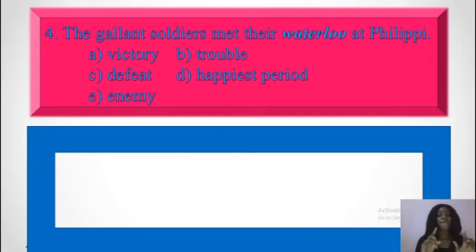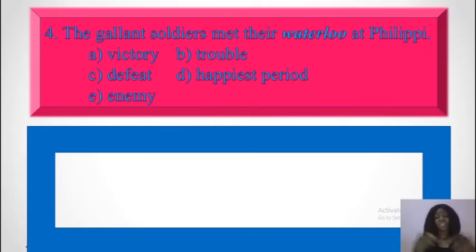Option A says victory. Could victory actually go? I don't think so. Victory shows positivity. The gallant soldiers met their victory. We can't really say Waterloo means victory, because the gallant soldiers met something. Trouble?